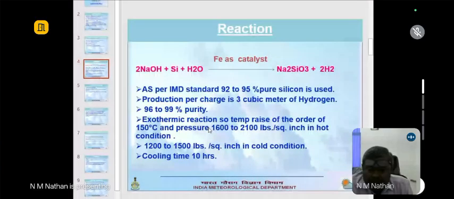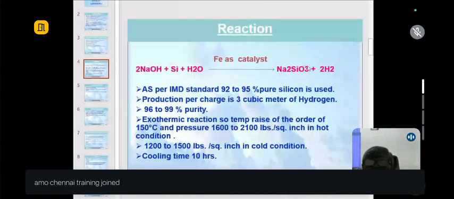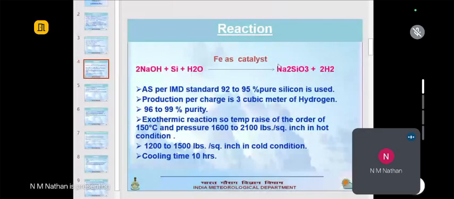Otherwise, you have to allow the natural cooling method. Then the sodium silicate will come out as a residue. You have to take it out with the help of a stick or something, then add water and clean the cylinder. Otherwise, this residue will slowly deposit inside the cylinder.